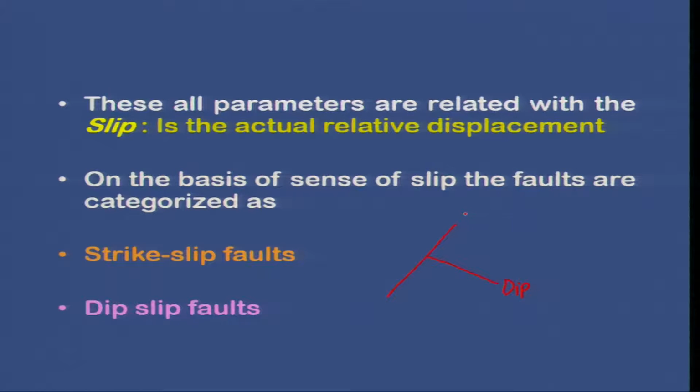I am talking about the plan view here. If the movement has occurred along the strike, then we call that a strike slip fault. But if the movement is occurring along the dip direction, then they are dip slip faults.